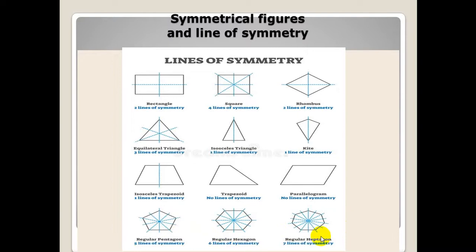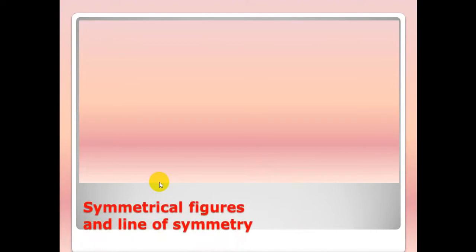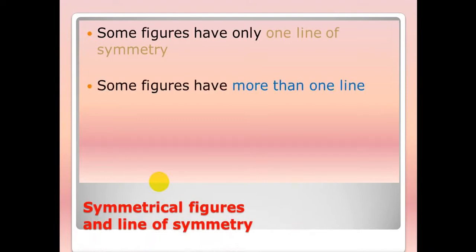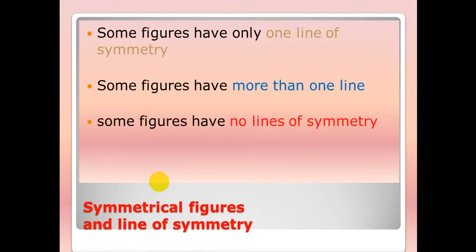And heptagon, 7, 7, 7 give me 7 lines. Some figures have only one line and some have more than one line, and some figures have no lines of symmetry. Okay, we put it in the table.